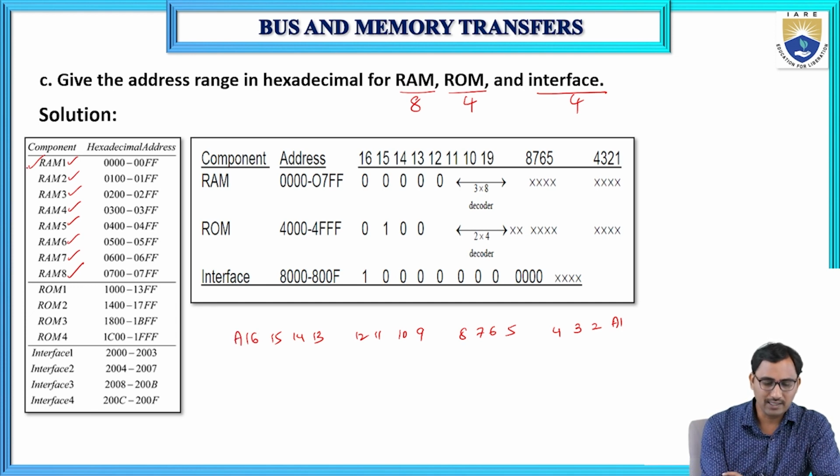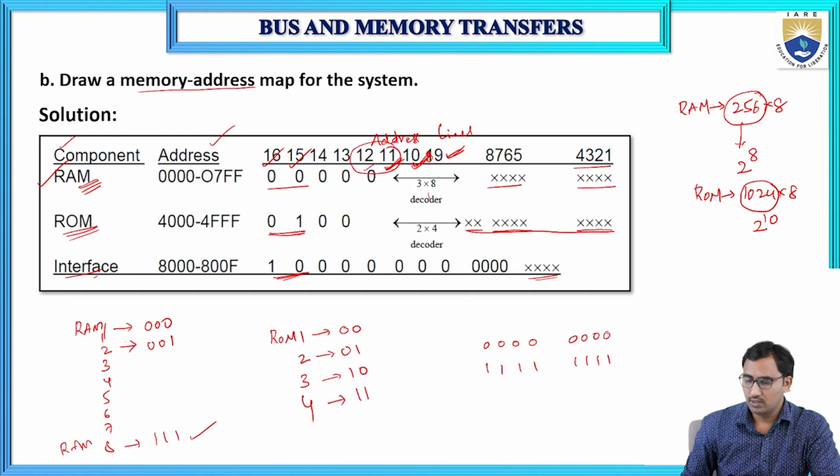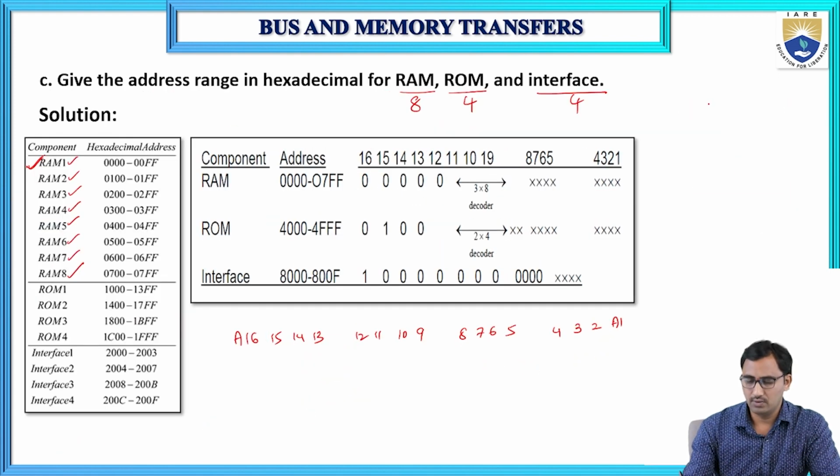So for accessing RAM 1, what is the size of the RAM? The size of the RAM is 256 by 8. That means it requires 8 address lines. So first we are taking RAM 1, and these are the 8 address lines.